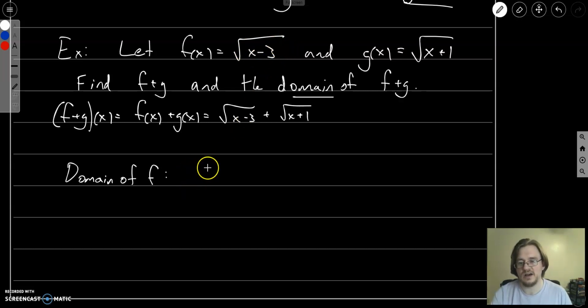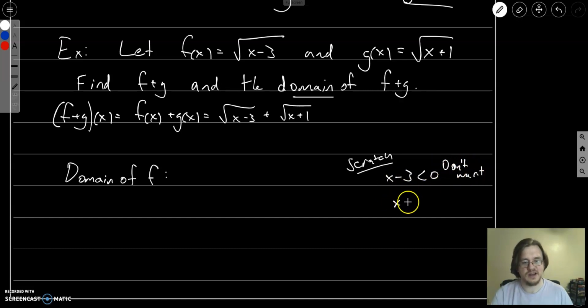So what we don't want is we don't want x minus 3 to be less than 0. This is what we don't want. So if I add 3 to both sides, I'll get that x is less than 3. This is what we don't want.